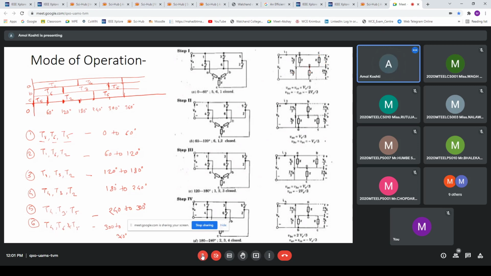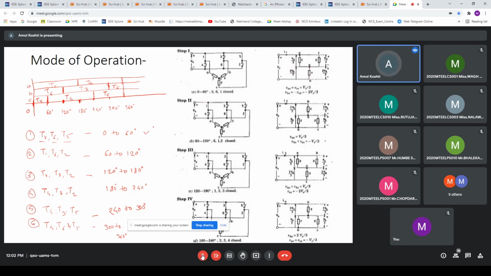And the last phase, B with respect to O, 2VS by 3 drop takes place. It is very simple: from this we can calculate the voltage drop across the load. In this way the voltage drop takes place for the first interval.